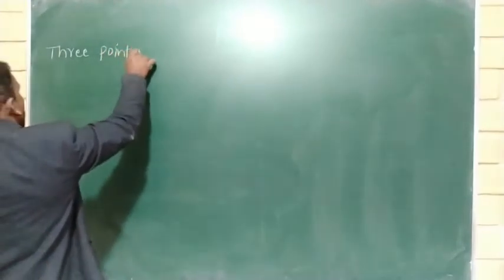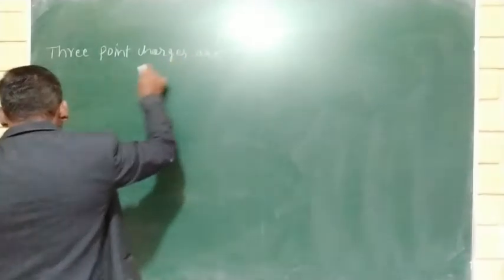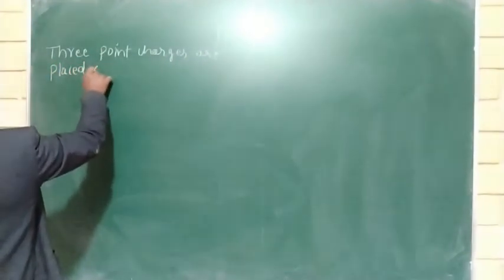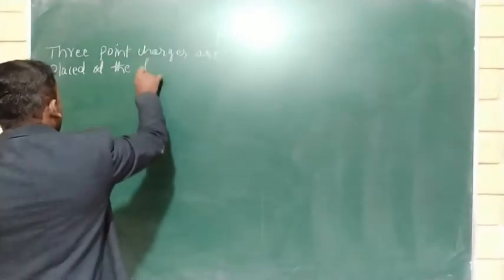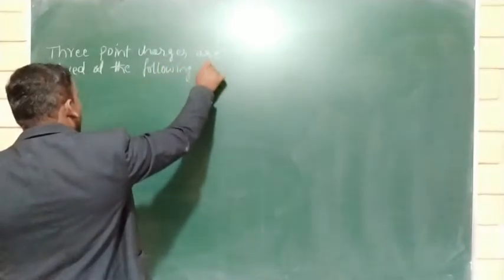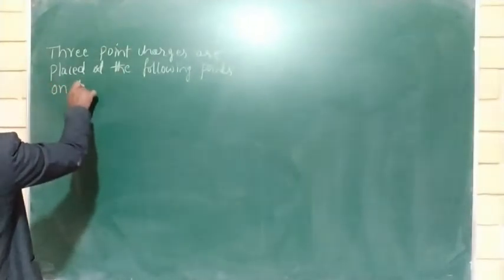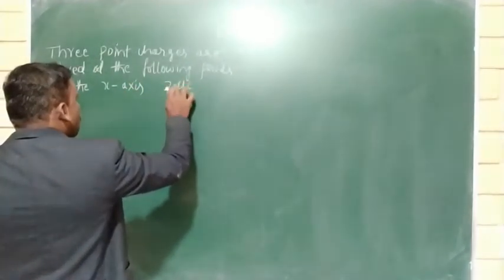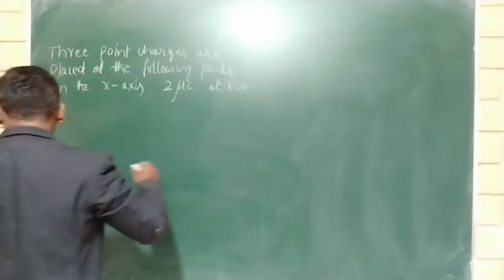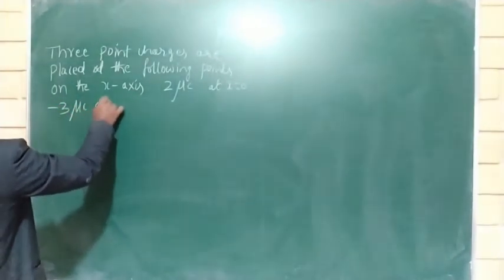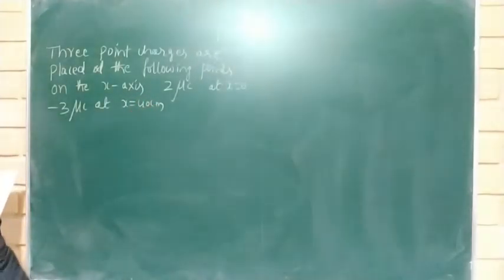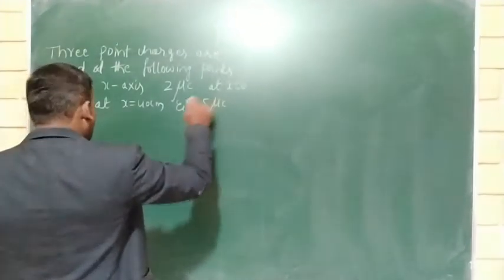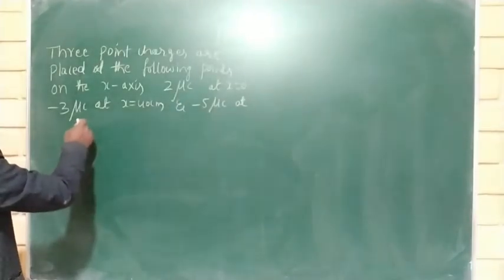First problem is: 3 point charges are placed at the following points on the x-axis. 2 microcoulomb at x equal to 0, minus 3 microcoulomb at x equal to 40 centimeter, and minus 5 microcoulomb at x equal to 120 centimeter.